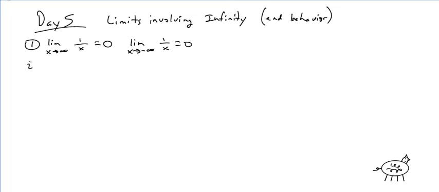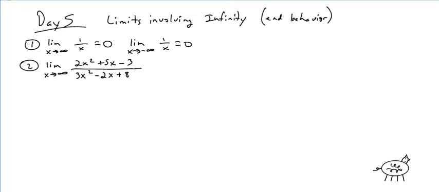Second example: the limit as x approaches infinity of (2x squared plus 5x minus 3) over (3x squared minus 2x plus 8). Now I want you to think about it.